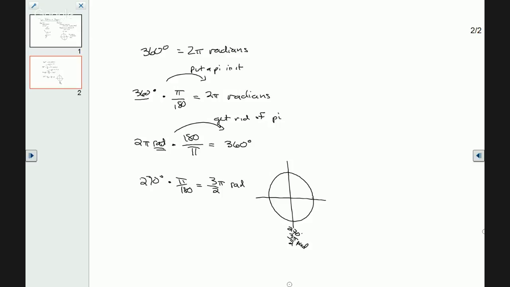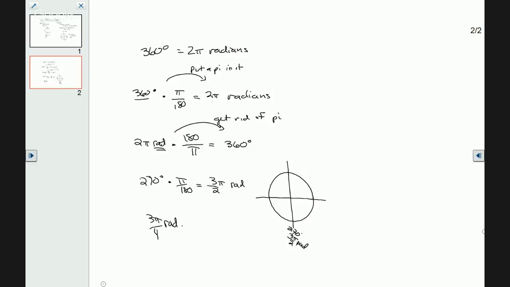Okay. Because radians is a real number measurement. That's what we use in calculus. That's it. We don't even touch degrees. Okay. For those of you that are going into calculus. Let's see here. How about 3 pi over 4 radians to degrees?